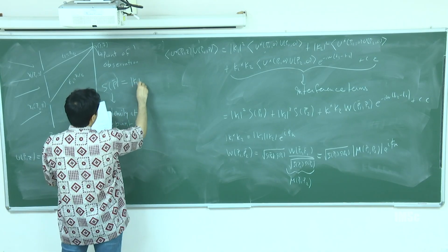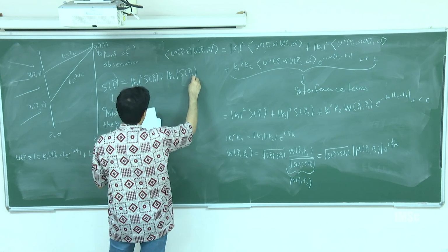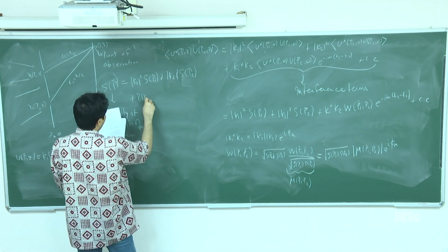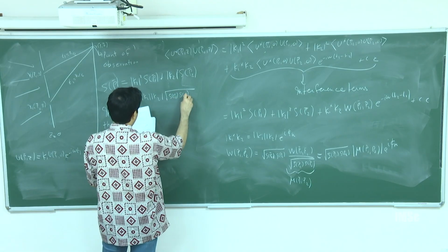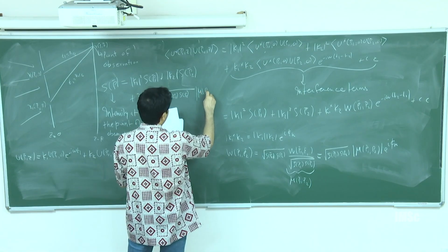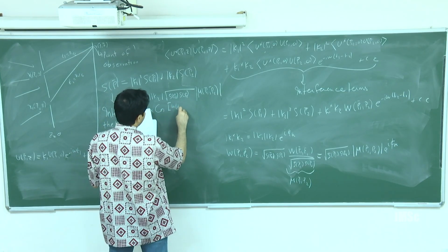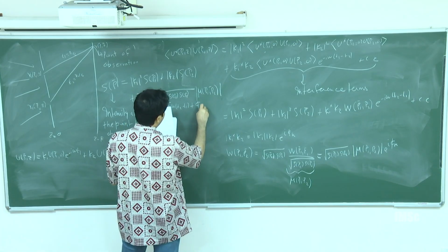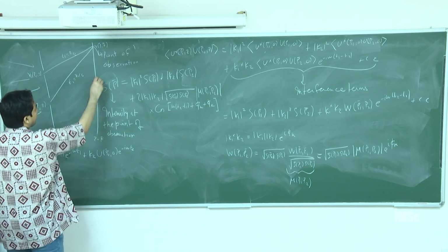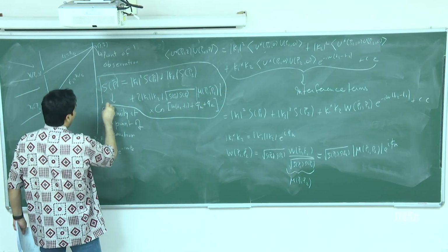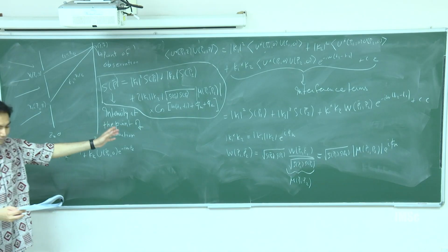This is nothing but... so this is how we relate the intensity of the field measured at the point of observation to the degree of coherence, to the spatial degree of coherence.